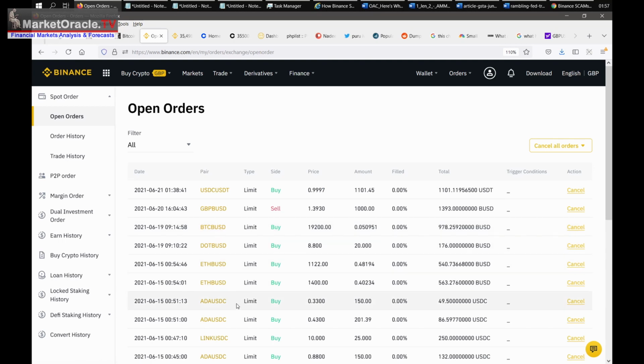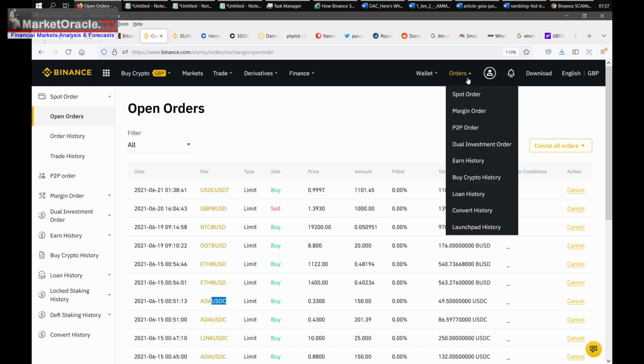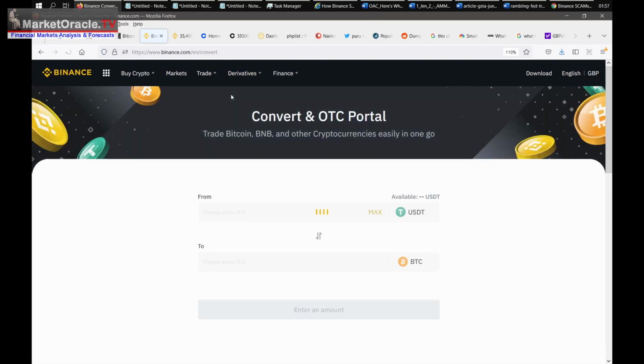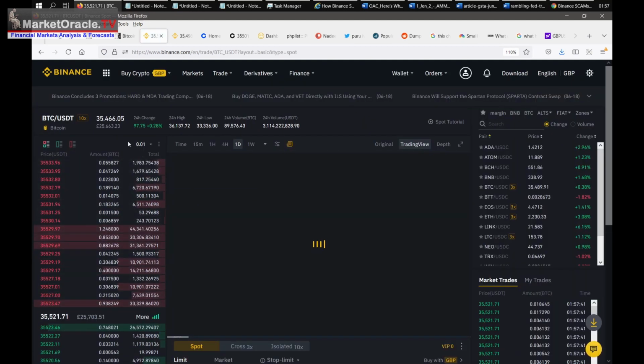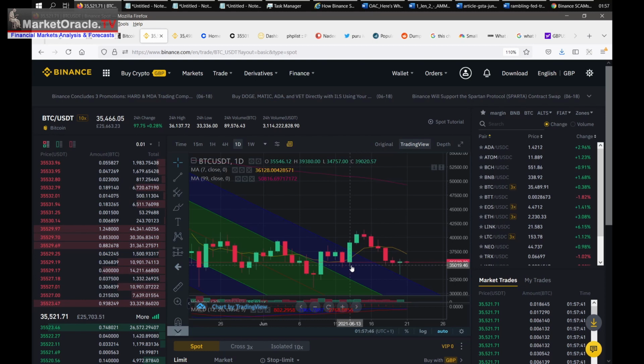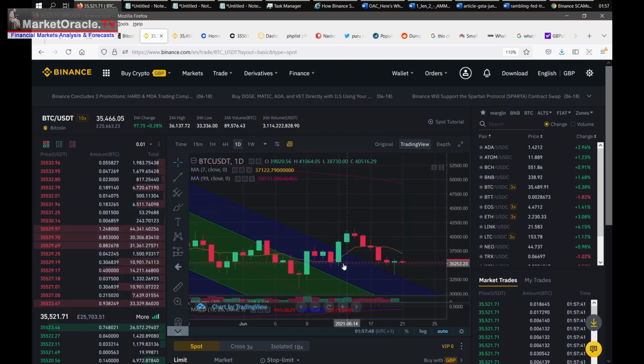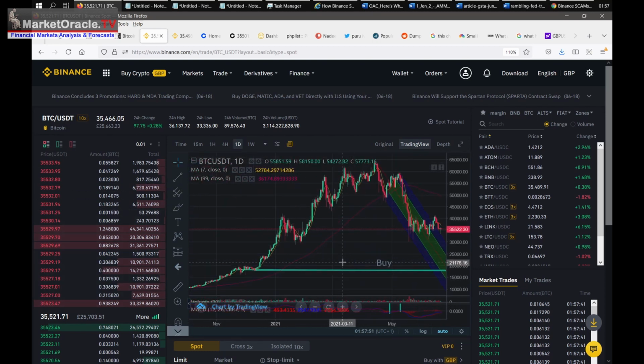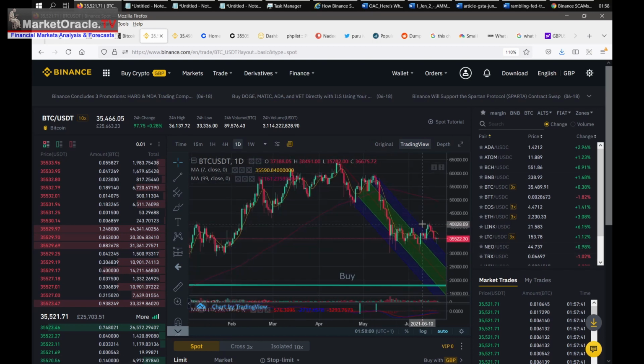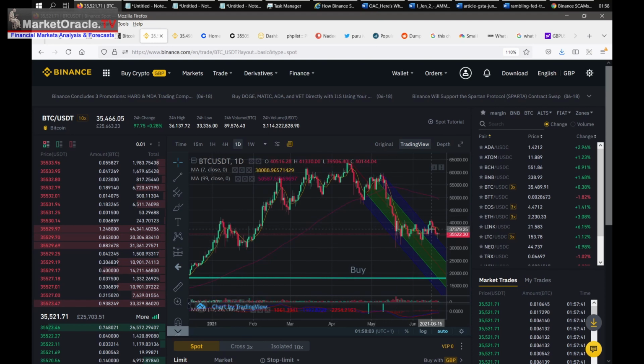And hopefully BUSD and USDC will survive the inevitable bloodbath that will be USDT imploding, which will take Bitcoin down, although it will go up in USDT. So that's the weird thing. They'll probably suspend the market. That's what will probably happen. If USDT goes down, then they'll probably close the market. Binance have done that before.